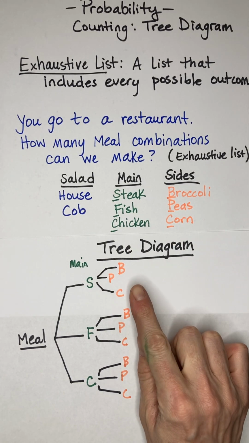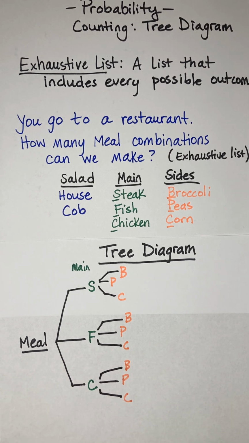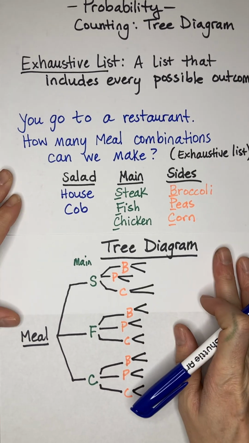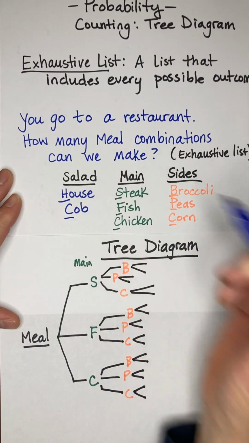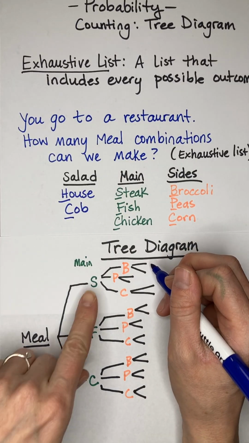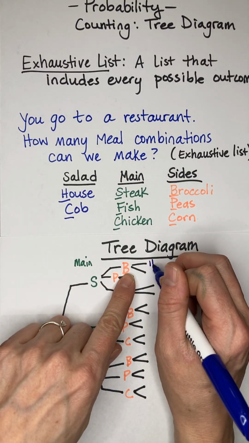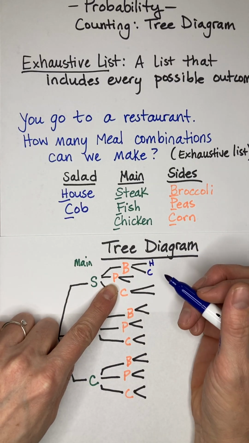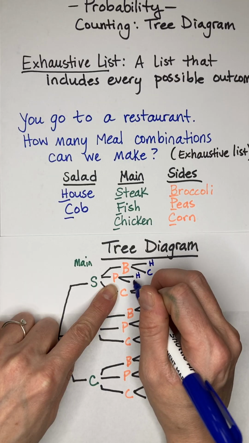So I'm going to go ahead and branch off each one of these with 2 like this. Again, I'm going to use the first letter of my word. So for a steak and broccoli, I can have house or cob. For a steak and peas, I can do house or cob.